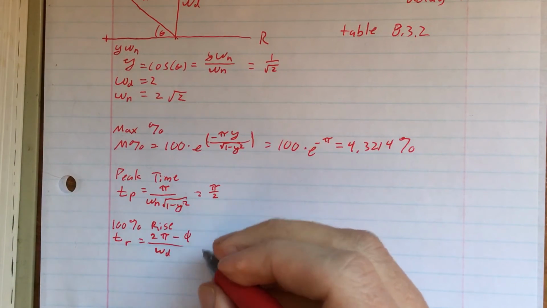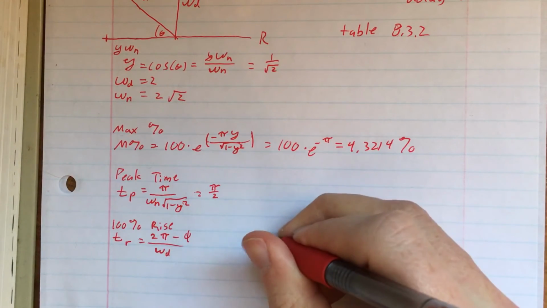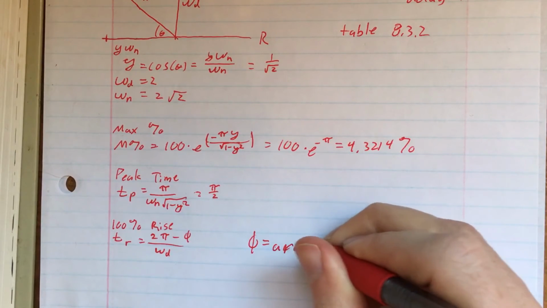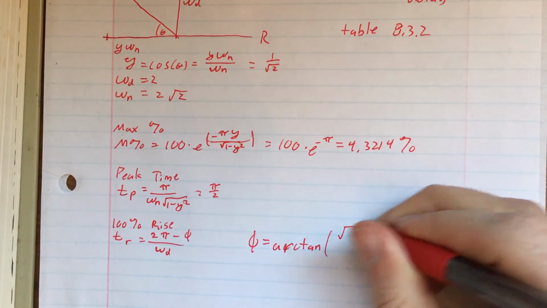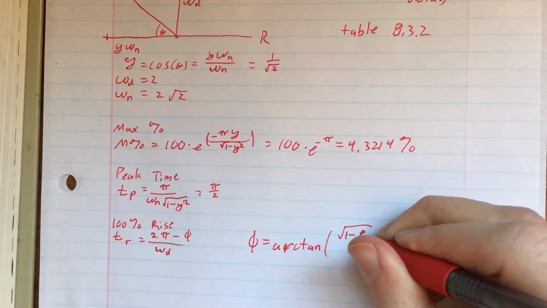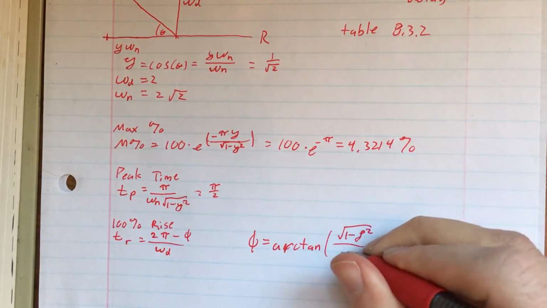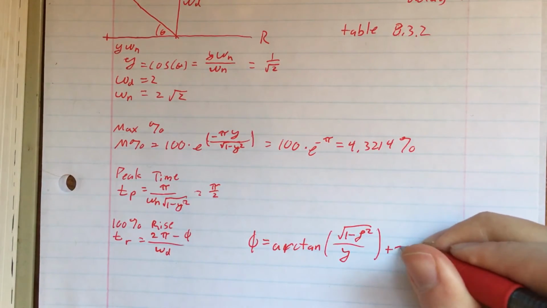And phi is given to us as the arctan of square root of 1 minus zeta squared over zeta, plus pi.